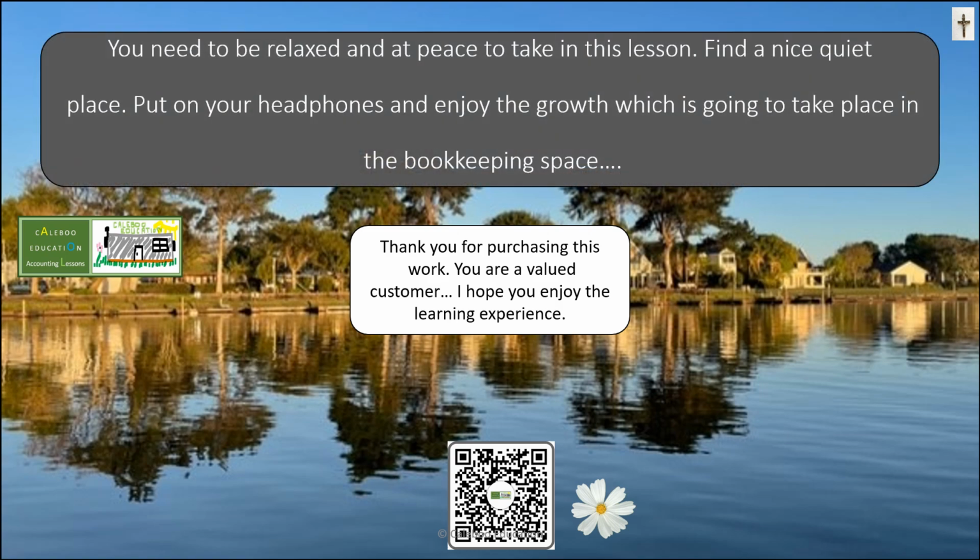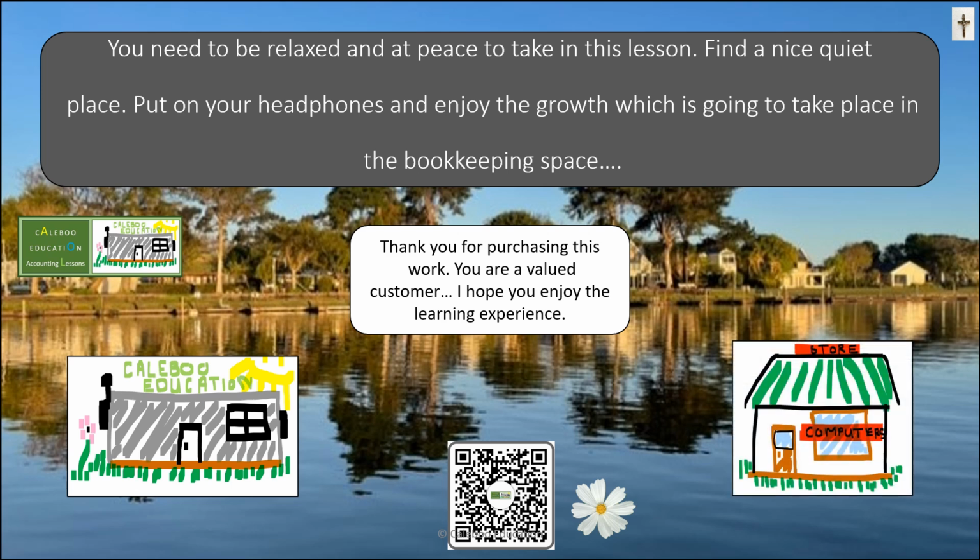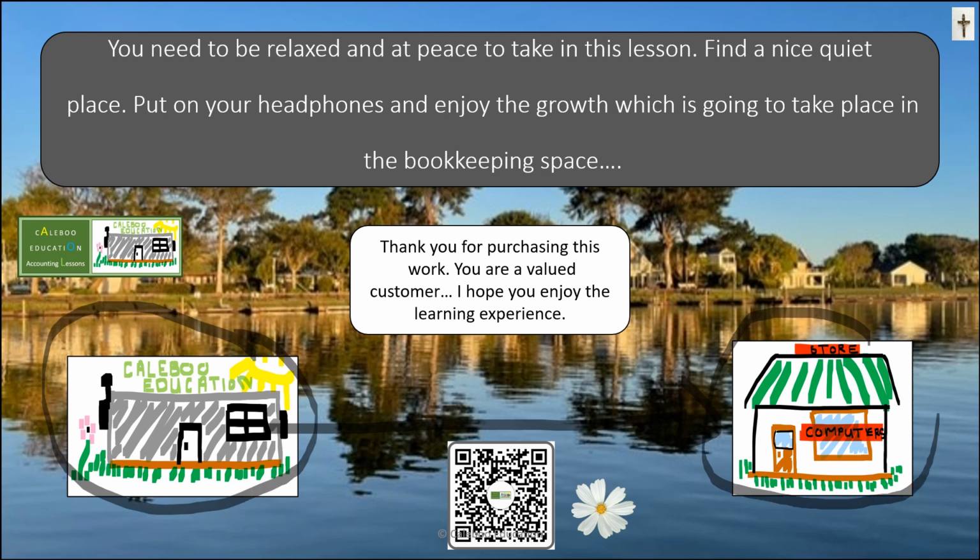Go find a nice relaxing place and put on your headphones so we can check the relationship between the books we're doing, Calibu Education, and we have a supplier, a creditor, or accounts payable we're going to buy from, the computer store, on credit.